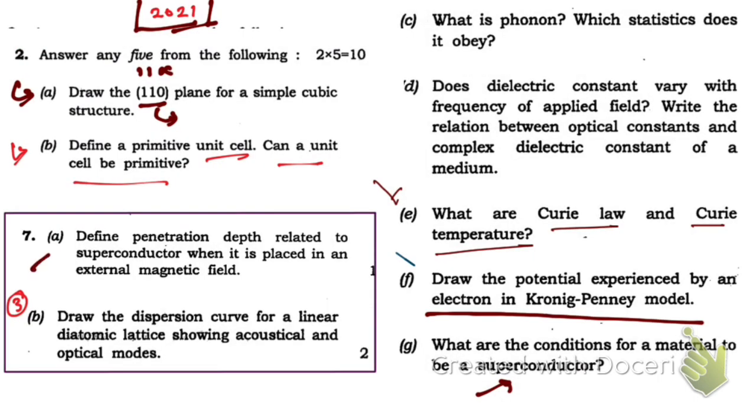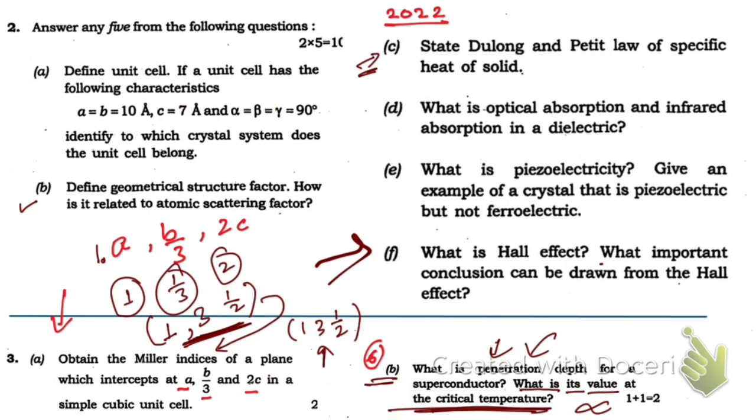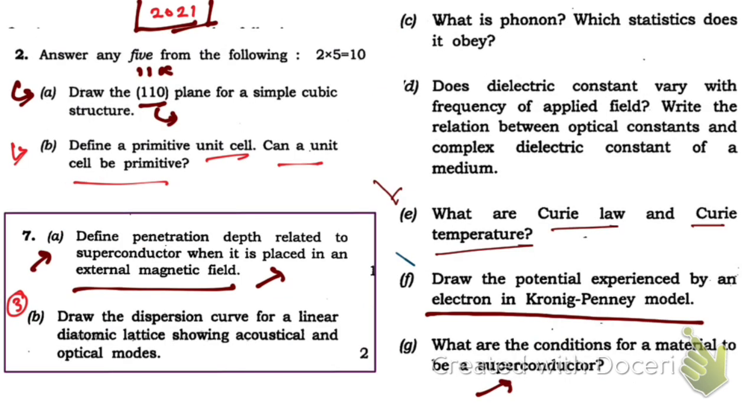Now 7a, define penetration depth related to a superconductor when it is placed in an external magnetic field. I think I have already given this definition. You see, in the 2022 paper this was asked. So this is the penetration depth for a superconductor. That was the definition, right? So I don't think I need to define it again.